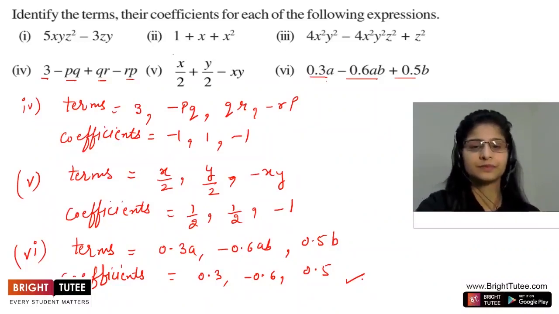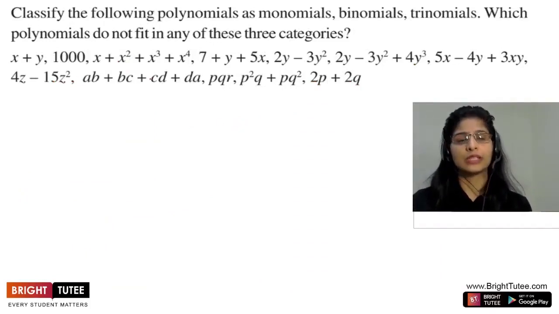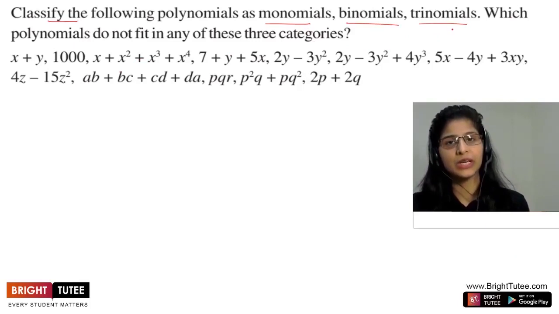Clear? So from this question, the definition of monomial, binomial, trinomial is going to be more clear to you. They are asking you to classify them as monomial, binomial, trinomial, and the ones which do not fit into any category, that means those which do not have 1 term, 2 terms or 3 terms.